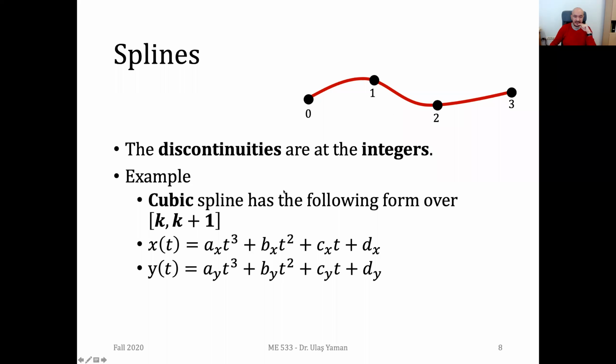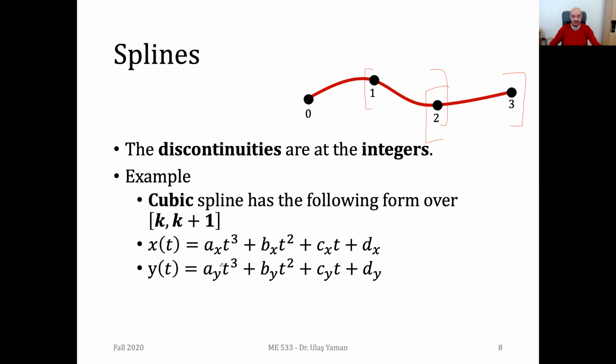For instance, look at a cubic spline, which is valid between some parameters k and k plus 1. This might be such a region. If that's the case, k will be 1 and k plus 1 is obviously 2, or it might be between 2 and 3. So these parametric representations will be valid for these specific regions.